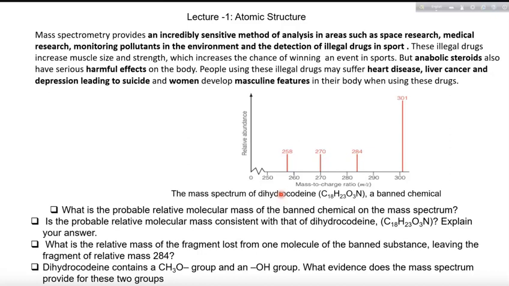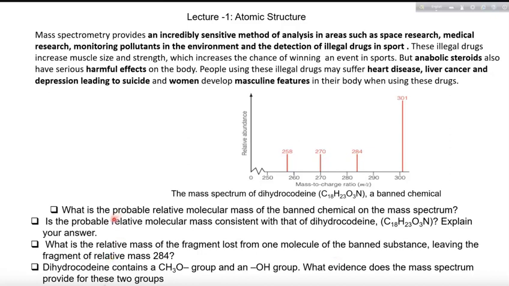So it is dangerous. Now it is a banned item, and sportsmen are tested for doping, and people can see the results. This is the use of the mass spectrometer in various fields we are talking about.